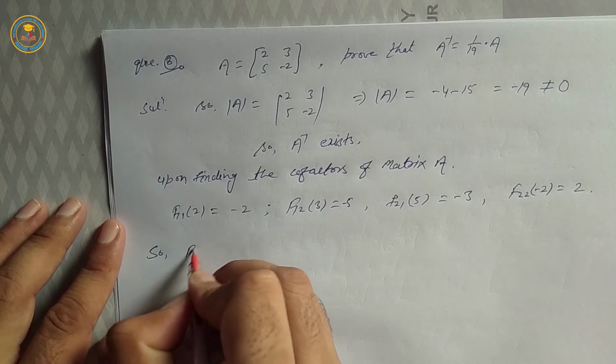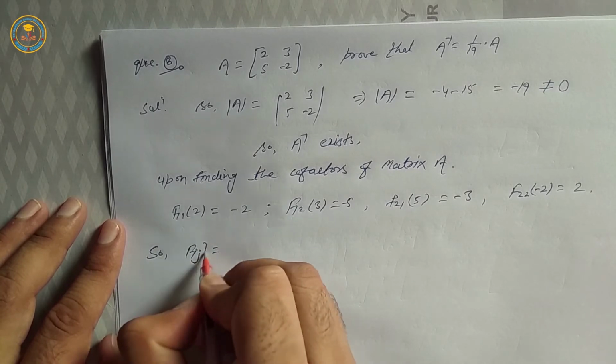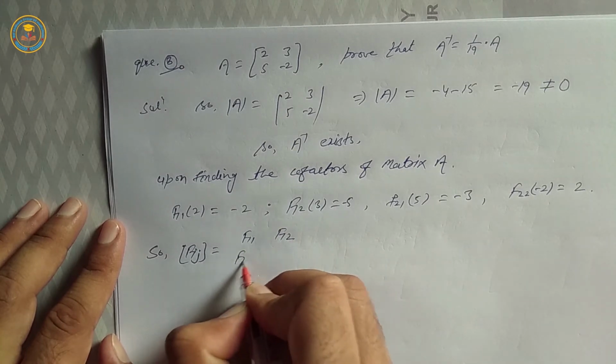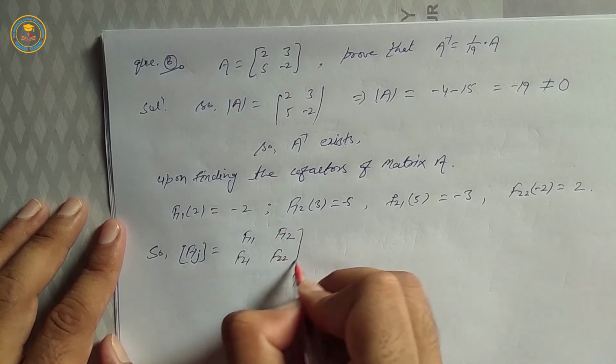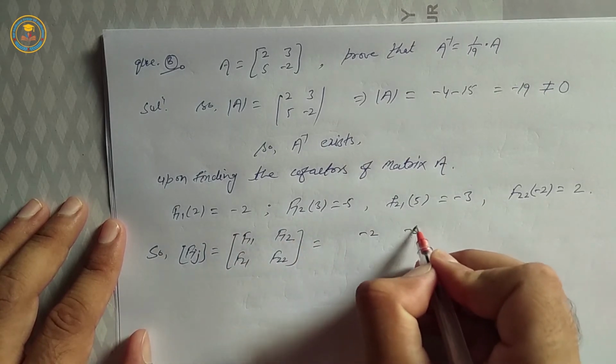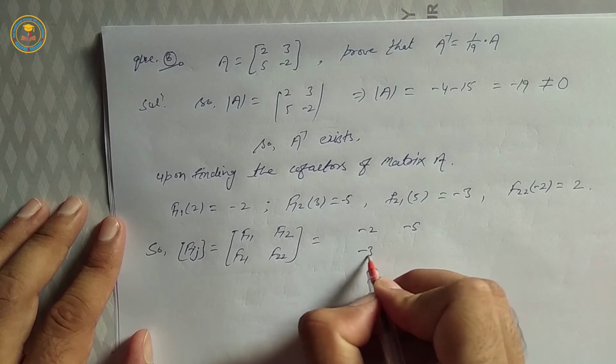So Fij is equal to the matrix F11, F12, F21, F22, which is -2, -5, -3, 2.